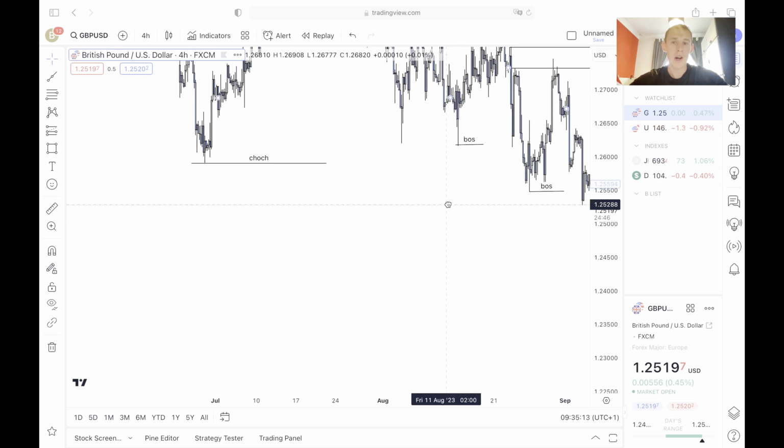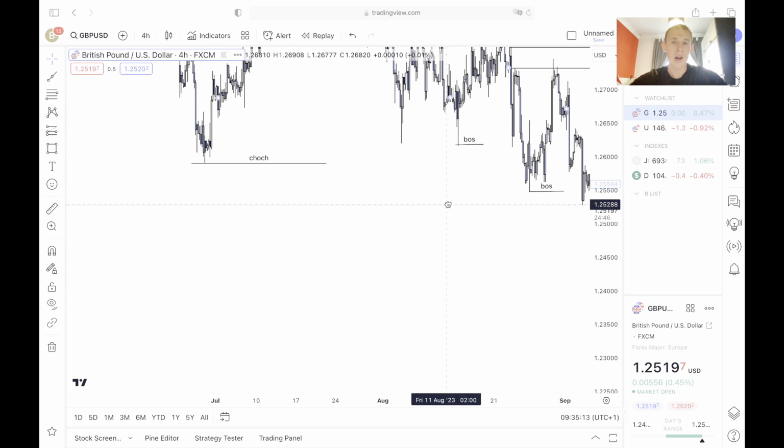So as for areas where we can look to potentially get in a position, and like I mentioned before, we are looking for sells at the moment. I'm not looking to take buys, as I don't really see anything too clean on the buy side.